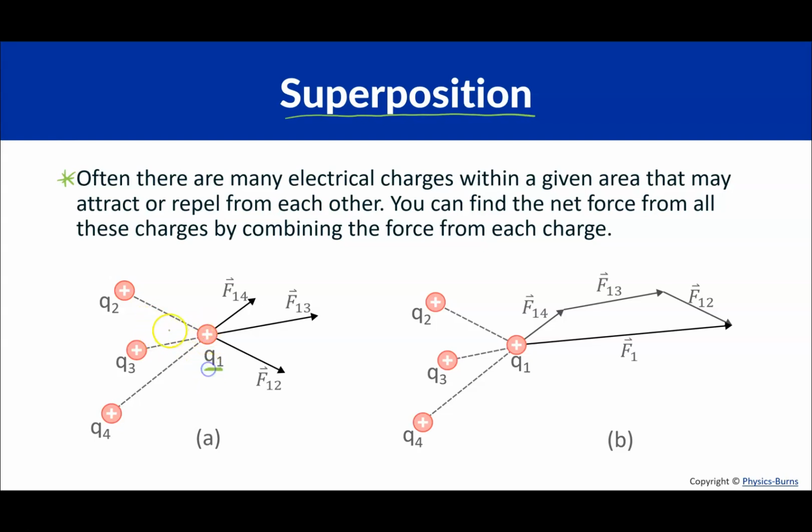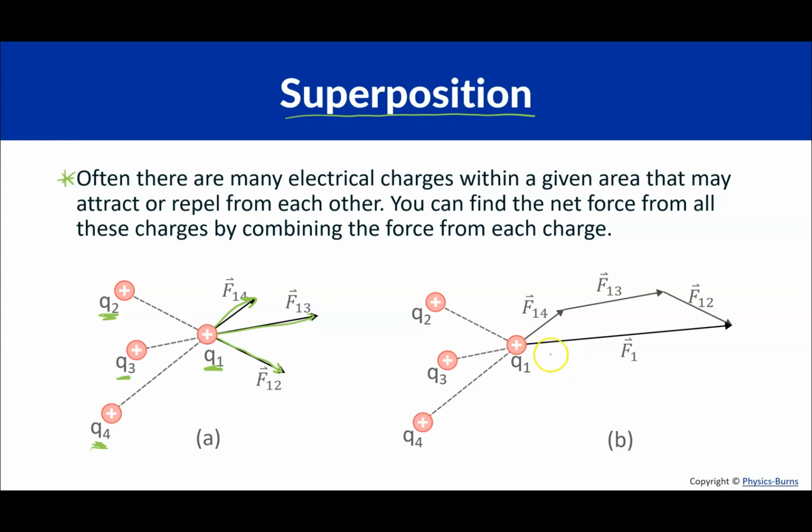We have charge 1 over here, and this charge is going to be feeling a force from charge 2, charge 3, and charge 4. The way it's going to move, or the net force, is going to be a combination of all of these. So for example, 4 is going to be pushing it this way, 2 is going to be pushing it this way, and 3 is going to be pushing it this way.